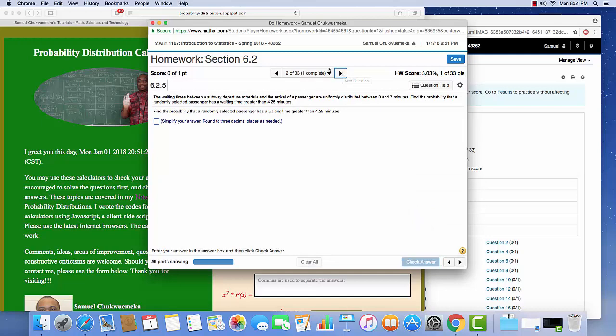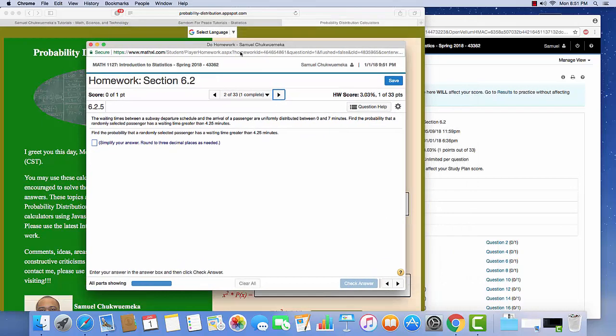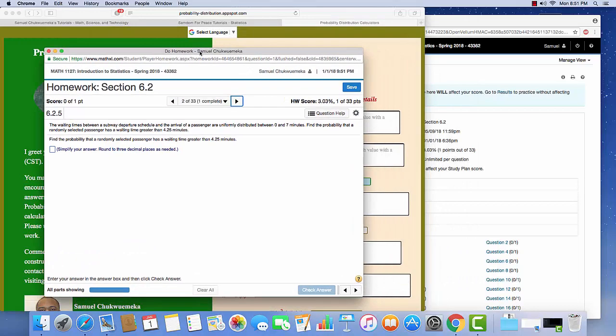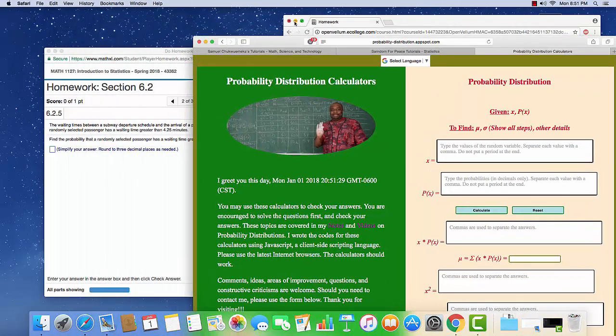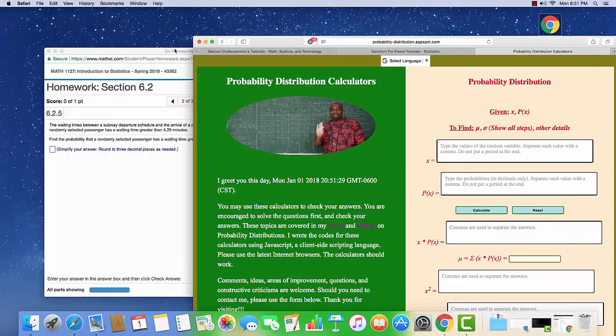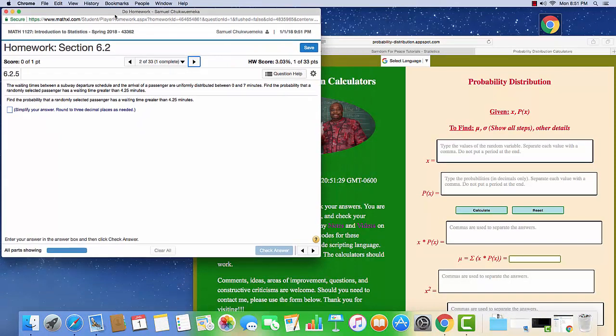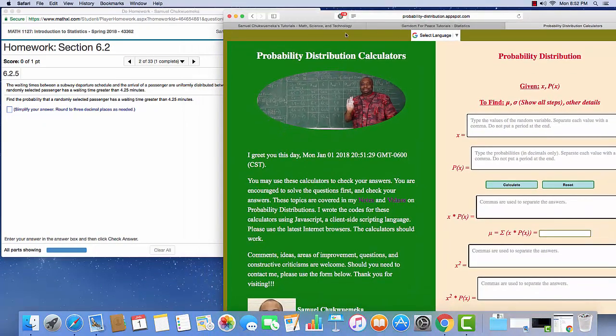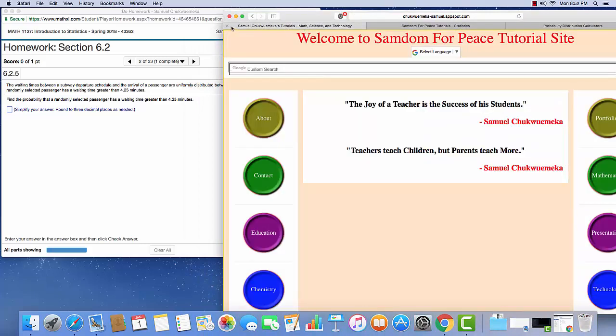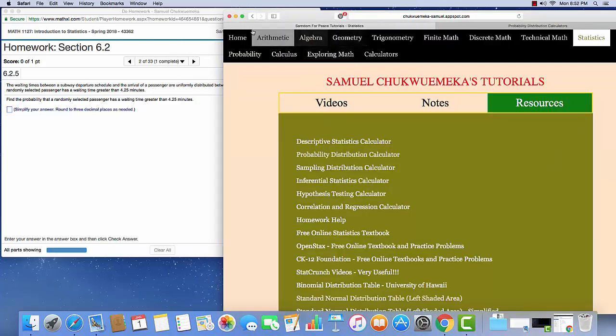Question 2. I would like to position this. Let me minimize this. Let's get this. Actually, I can close this. Okay. Let me close this also.